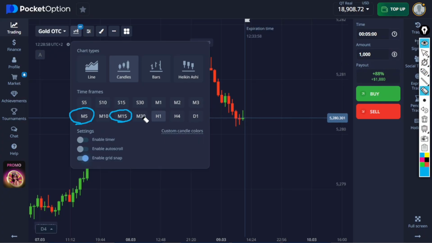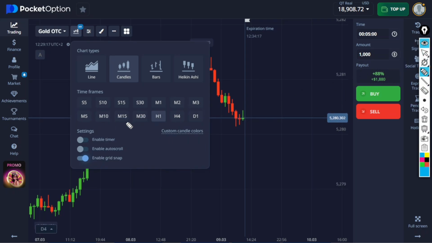Now, if you're marking up your support and resistance zones on the hourly time frame, you want to be dropping down to the 5-minute time frame to look for entries in those zones.